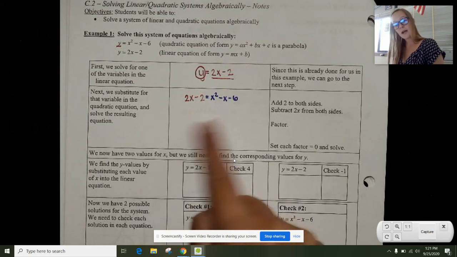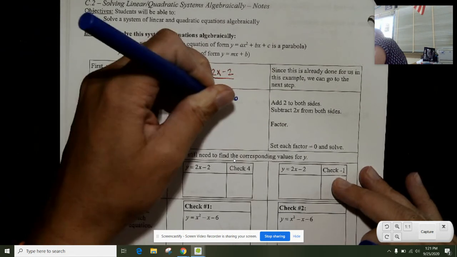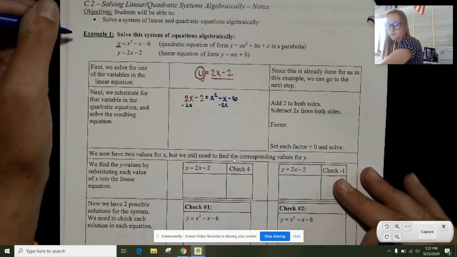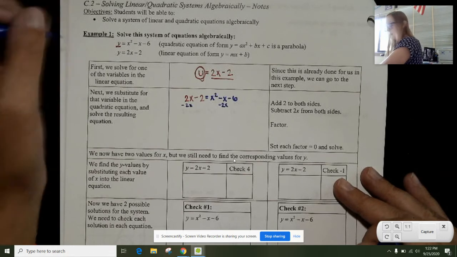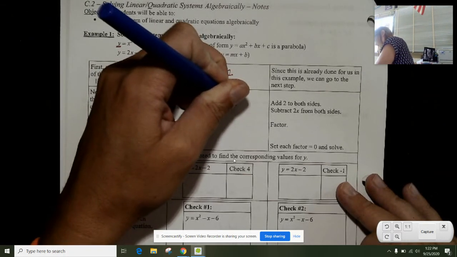So I'm going to subtract 2x from both sides. Notice I'm lining it up with like terms. So I'm not subtracting 2x from x squared. They're not like terms. I'm subtracting 2x from negative x. And I'm adding 2 to both sides. So I'm adding 2 to the negative 6.